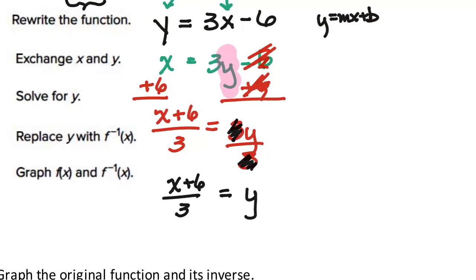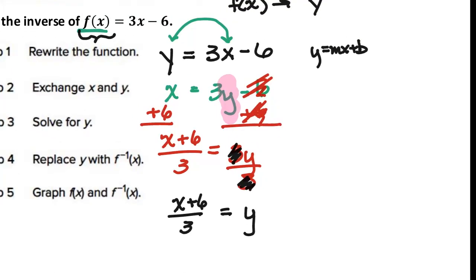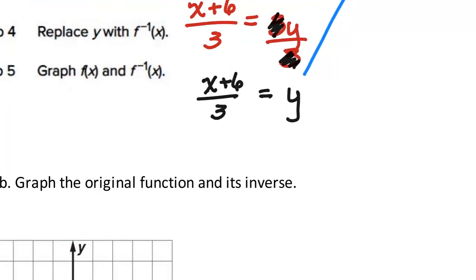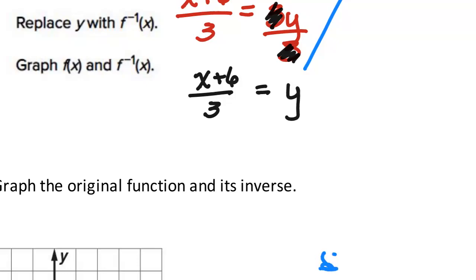But it's not quite in the same form as mx plus b. I don't have something separate like that. So you need to look at each of the terms in the numerator with the term in the denominator. So I'm going to put these two together.